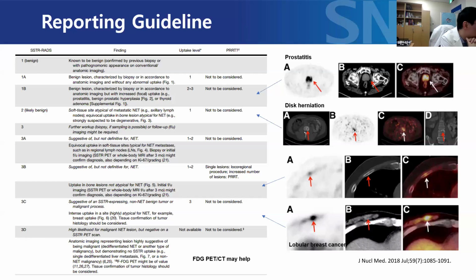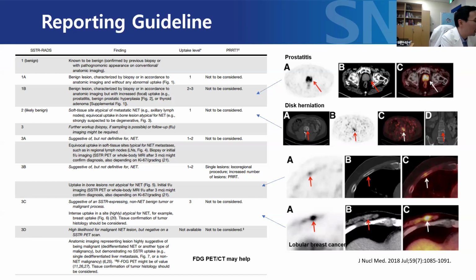And more importantly, category 3D is a lesion of high likelihood for malignant neuroendocrine lesion, however, with a negative somatostatin receptor uptake.